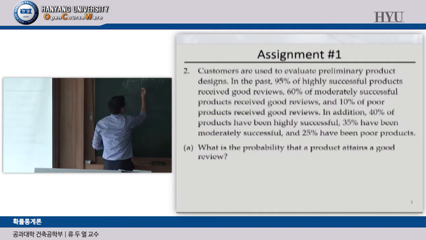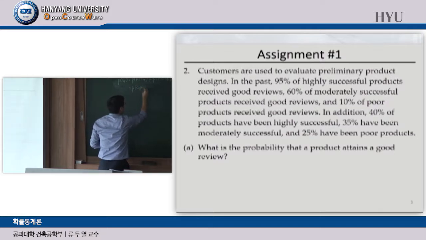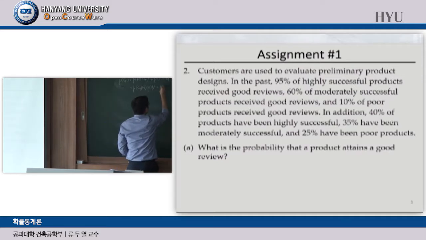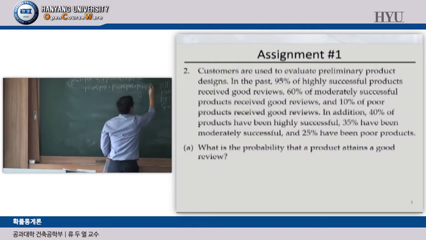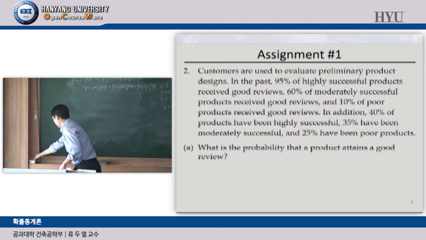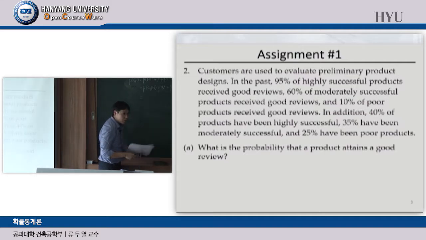And this can be changed to the conditional probability of G given H multiplied by the probability of H, and this can be changed to the conditional probability of G given M multiplied by the probability of M. And this can be the conditional probability of G given P multiplied by the probability of P. So what is the conditional probability of G given H?